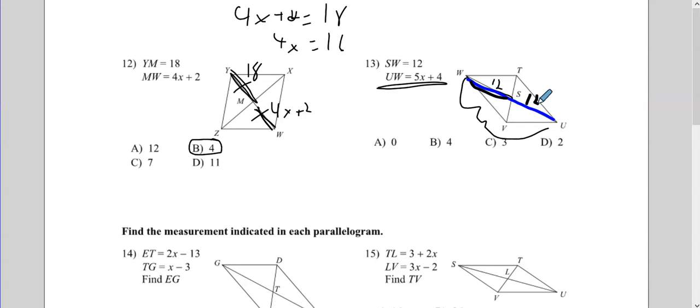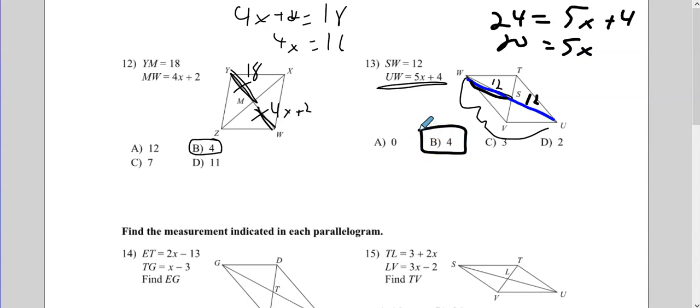So the whole thing is 24. And we know the whole thing is 5x plus 4. So we just say 5x plus 4 equals 24. Subtract 4 and divide by 5, and we get 4 for answer again.